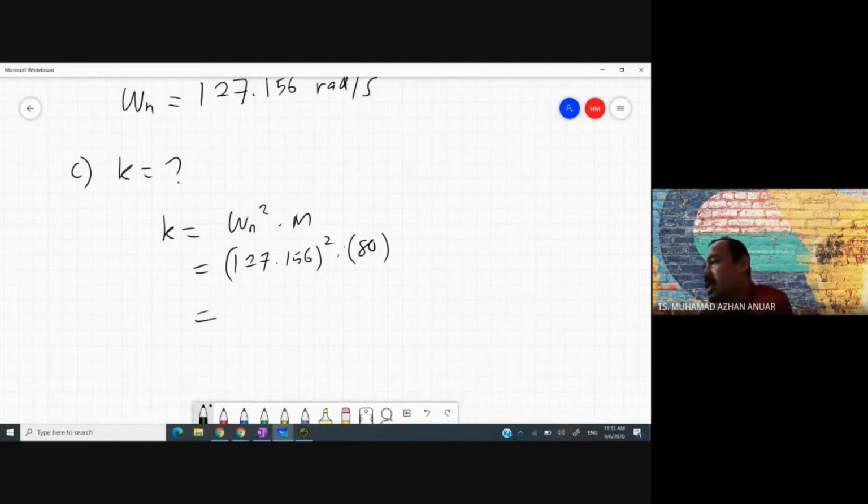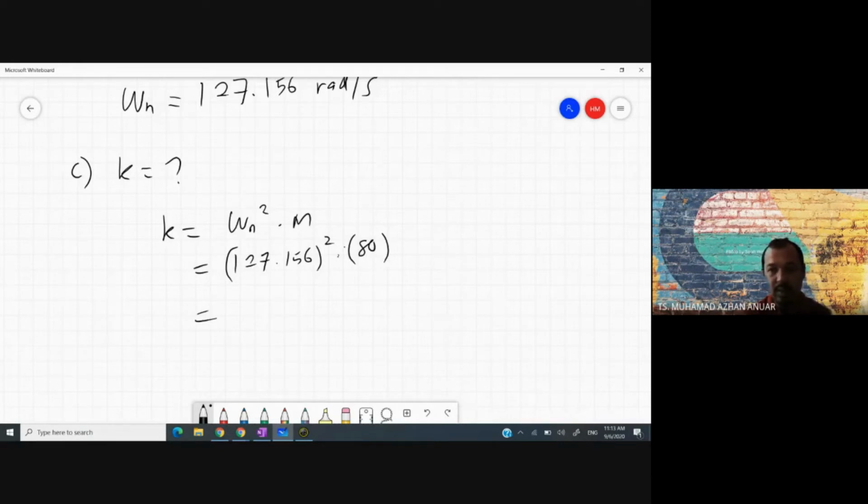Let me calculate this one. You should get the answer as 127.156 square multiplied by 80.